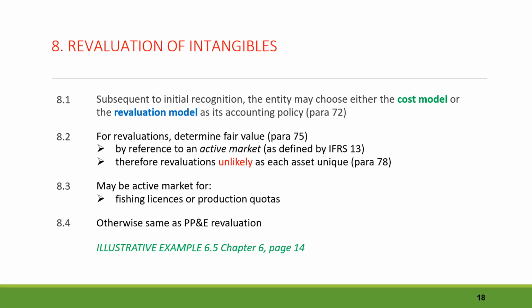Okay, so if there's no active market, then we measure intangible assets under the cost model, right? So there is a very basic example in the textbook, but like I said, since this is not something that is included for testing, just get a brief understanding of it and don't go too in depth into anything regarding the revaluation model of our depreciable asset.